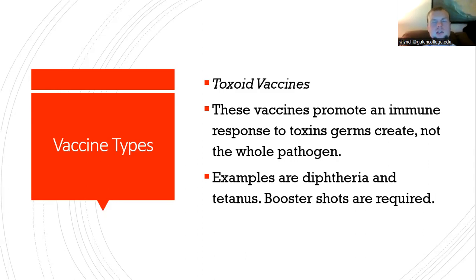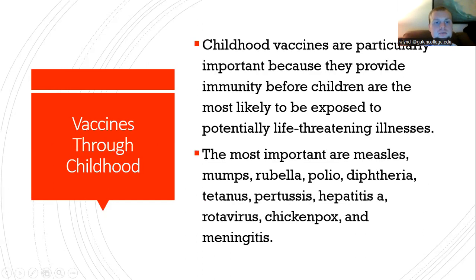So we're not actually administering the actual pathogen, but we are giving some of the secreted products that that pathogen gives off and creating an immune response to those. So for example, we have diphtheria, also tetanus. These are going to be examples of a toxoid vaccine. Again, booster shots may be required, but booster shots are potentially effective or potentially required for all types of vaccines that we do get. All right.